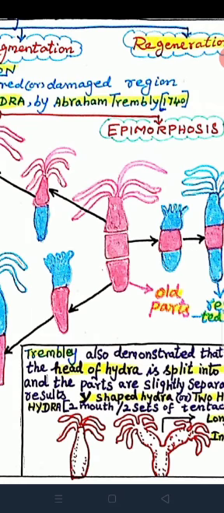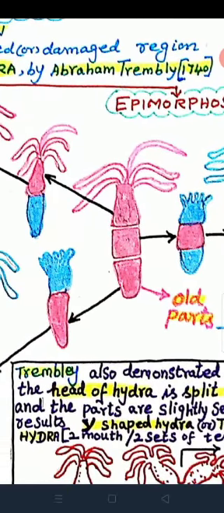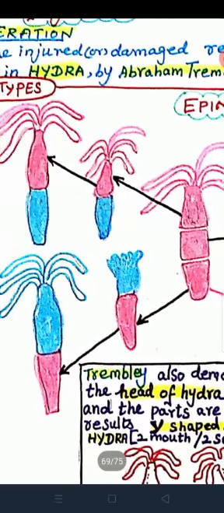How do pieces of older Hydra develop their polarity? By developing tentacles at the oral end and pedal disc at the aboral end. Will you be able to understand?